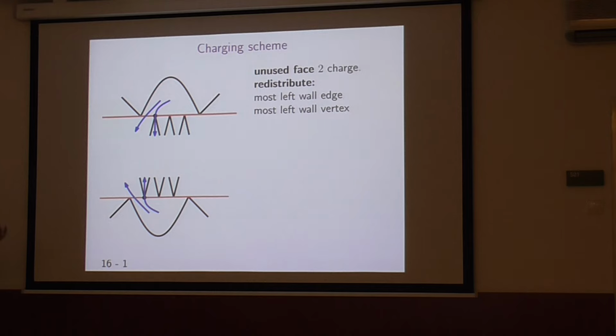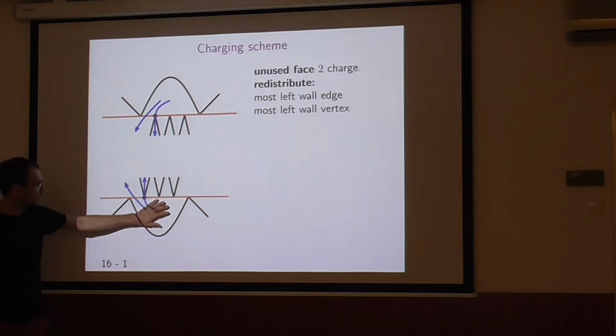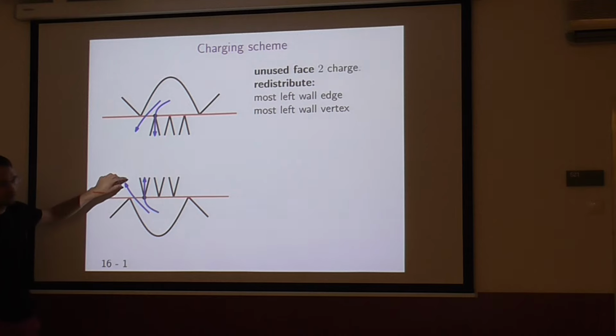Okay. And then the argument is just, okay, now we have to show that every traversed face gets at most 1 charge, and no non-traversed face gets charged. So it could be that maybe this face charges a different face which was not traversed, but this charge should go to traversed faces.